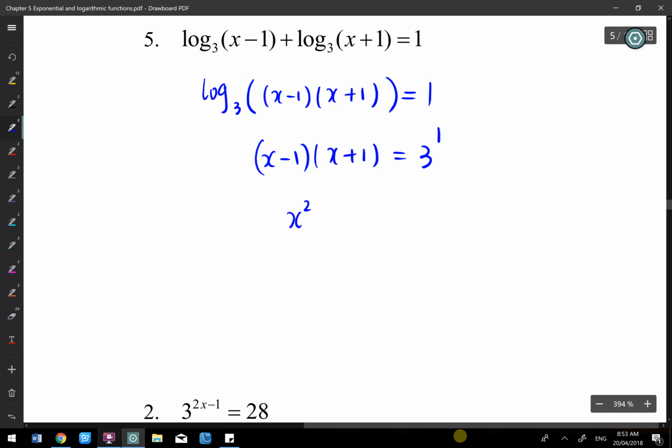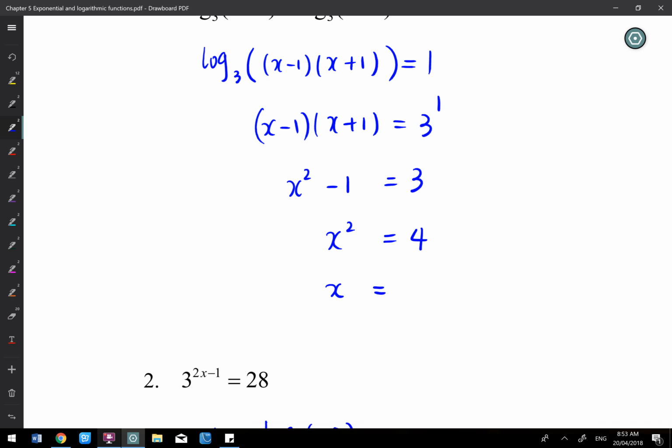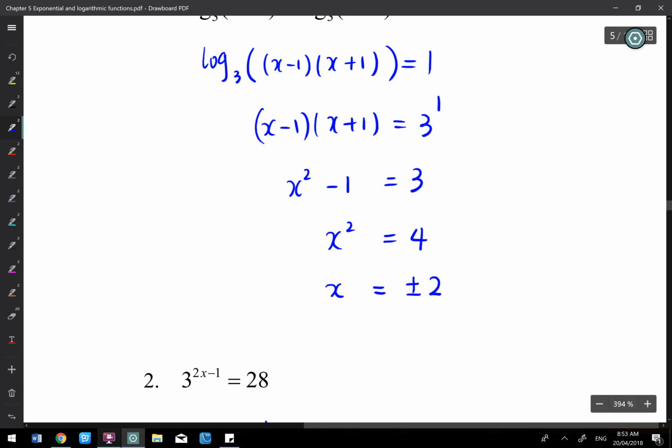Then x squared minus 1 will be 3. We expand it because the right-hand side is not 0. So x squared equals 4. What does x equal? Plus or minus 2.